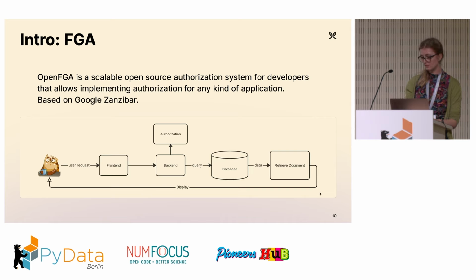And the diagram below is just a simple application that does nothing super interesting. That is this document retriever that we want to play with, and normally it would just go through front-end, back-end, database, retrieve documents, and give back to the user. But what we want to add is another service that will handle authorization.